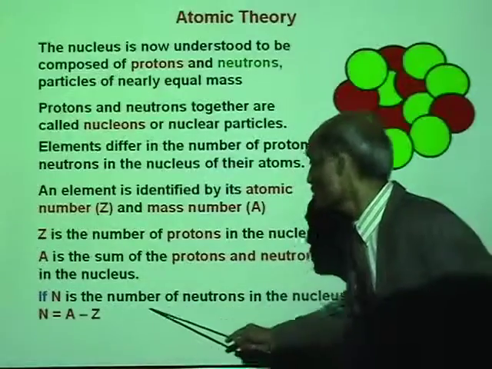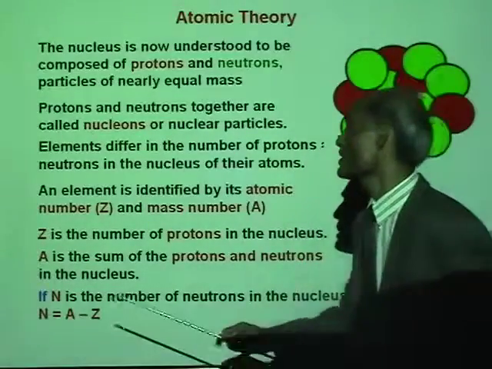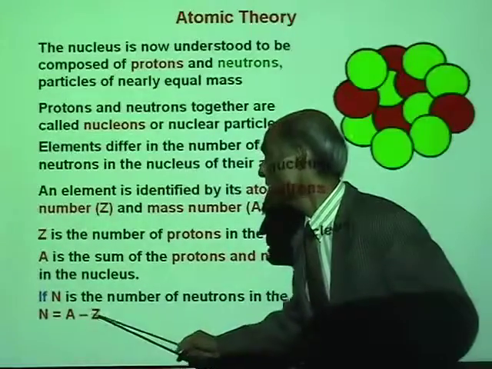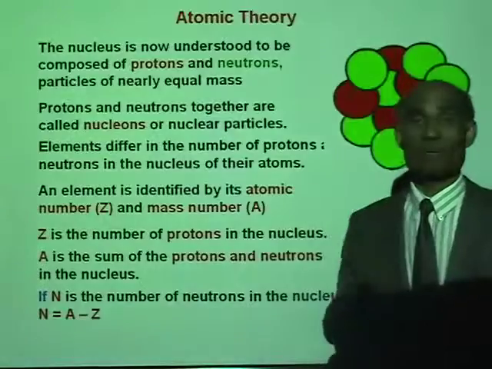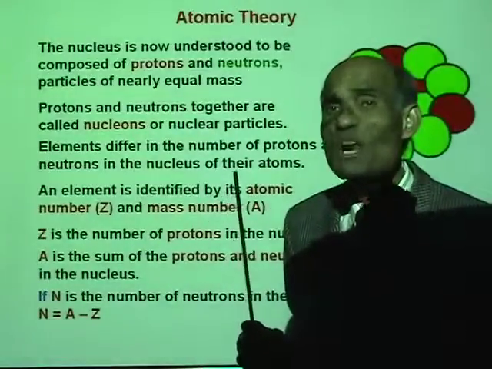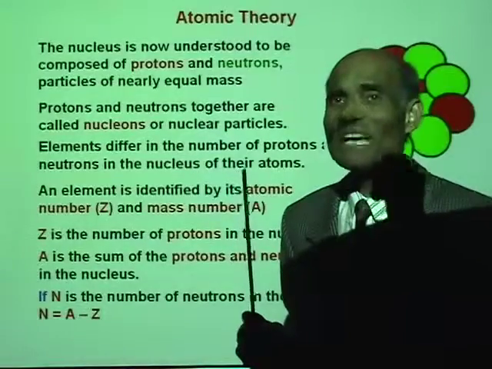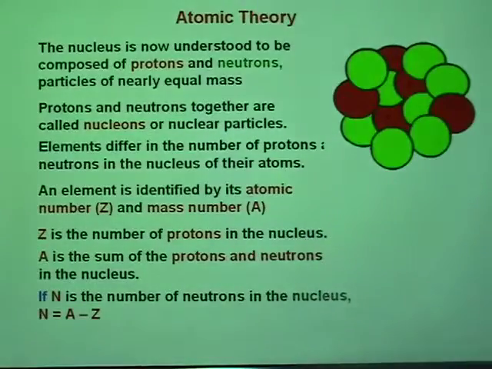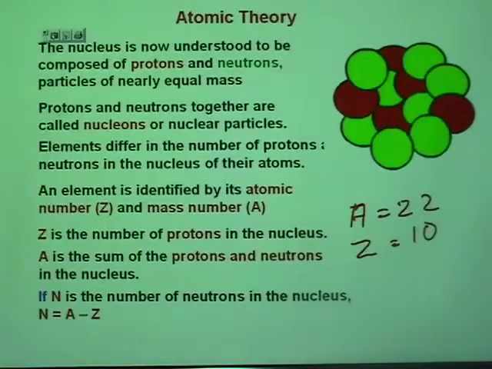Now if n is the number of neutrons in the nucleus, then the number of neutrons will be the mass number minus the atomic number. If the mass number of an element is 22 and the atomic number is 10, what does that mean? A equals 22 and the atomic number is 10.